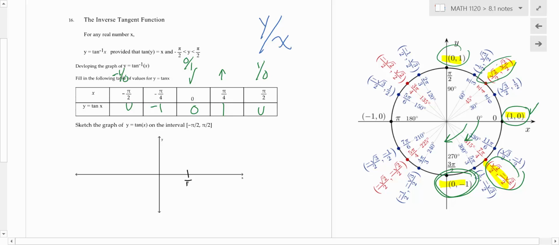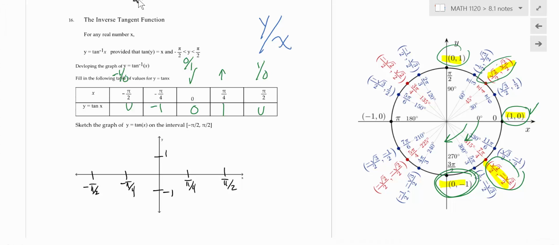And we're going to get this put together, and this will help us understand what the inverse tangent looks like and what it means. Okay, so we want to get that put together like that. Then we want to go just up to 1 and to negative 1 like that. So we've already learned this. What you learned on a tangent is you're undefined at pi over 2, so there's a vertical asymptote there.